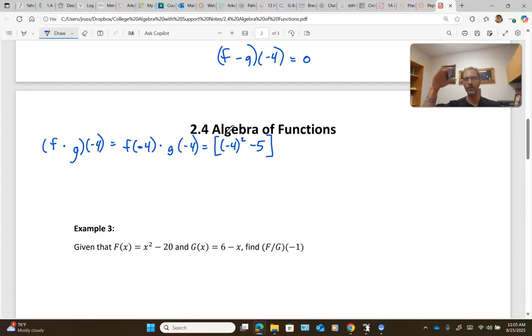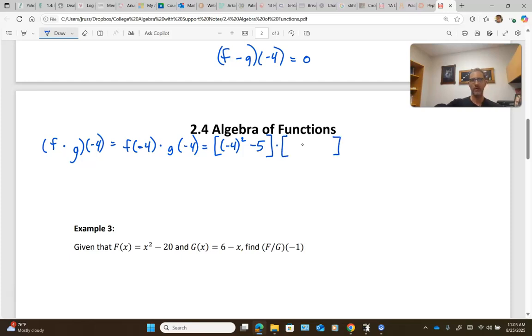You want to alternate parentheses and brackets. Because I'm using parentheses to encapsulate the -4, I'm then going to use brackets to encapsulate this whole expression. And then I'll say times, although you wouldn't have to.